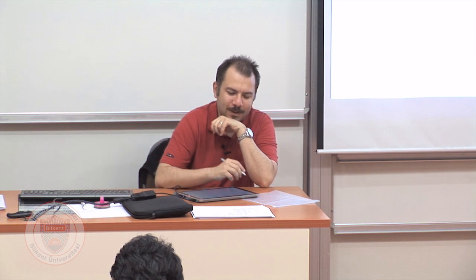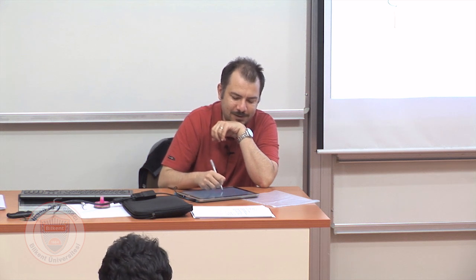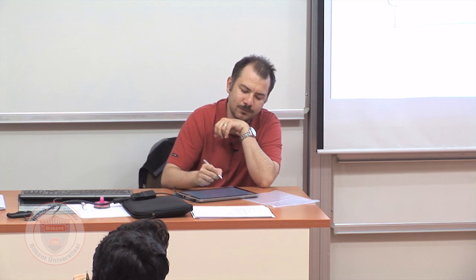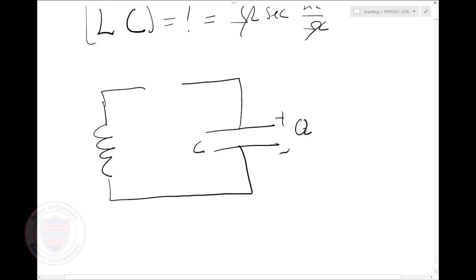So here is what I'm going to ask next. Let's say that I put an initially charged capacitor of capacitance C and an inductor of inductance L into the same circuit and close the switch at time t equals 0.